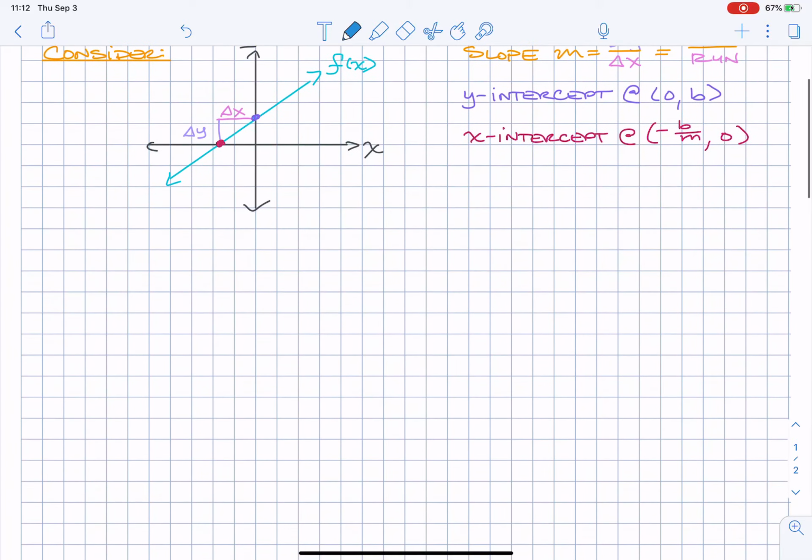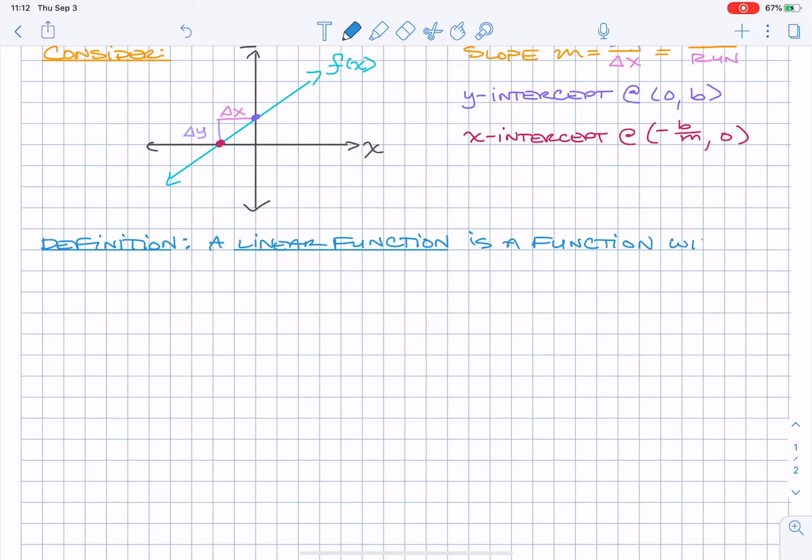Okay, so definition. A linear function, that's what we're defining, is a function whose graph is, of course, a line, with well-defined slope.